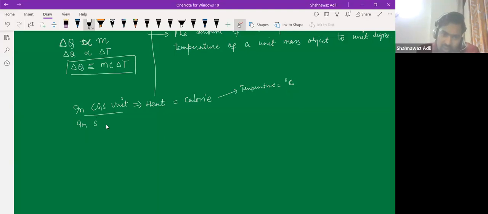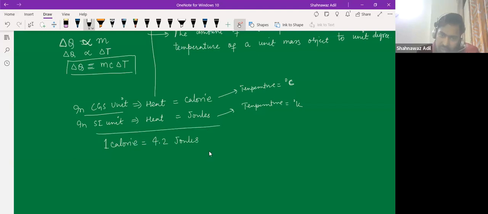In SI unit, heat is joules, right? And your temperature is Kelvin. So these are the things that we have to remember, and this is a very important thing, that 1 calorie is 4.2 joules. So remember this conversion. This is very important.